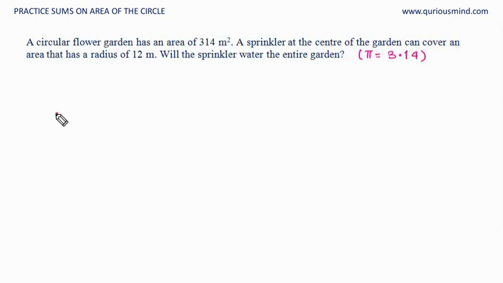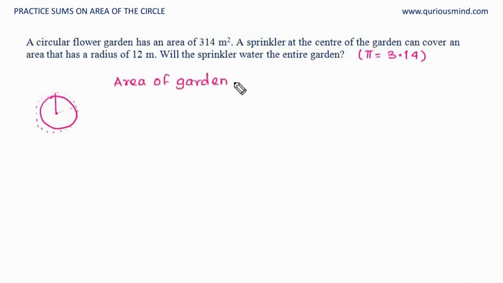So this is a sprinkler and this is a garden. And sprinkler has some radius of operation, so it can sprinkle water. Now if the sprinkler's radius is greater than the garden's radius, then we know that sprinkler can cover the entire garden. So let's first find the garden's radius.